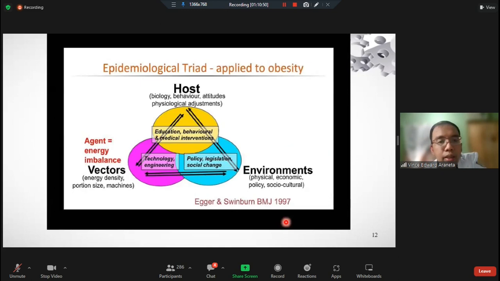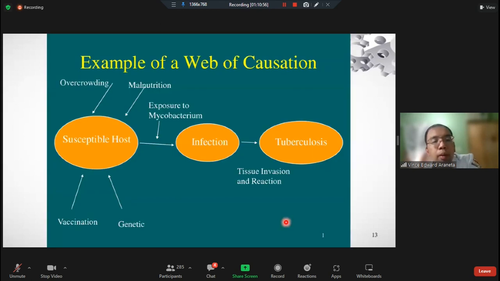So the epidemiological triad is the most common model. I think all our viewers are familiar, but maybe some might not be familiar with the web of causation. This is an example of how TB would develop. It's a web because there are factors interrelated that could predispose the patient to develop TB, for example overcrowding, malnutrition, and then exposure and developing infection, and so on.